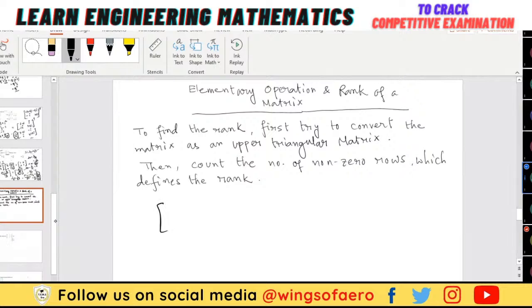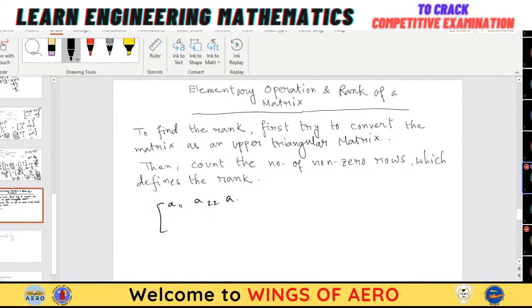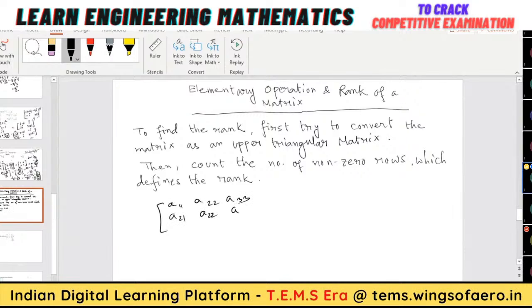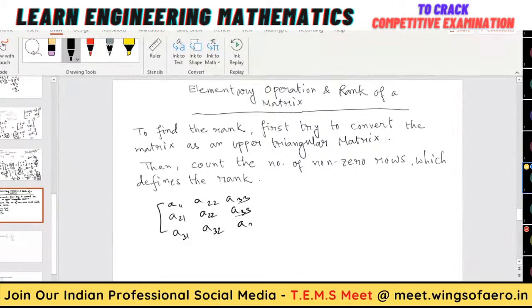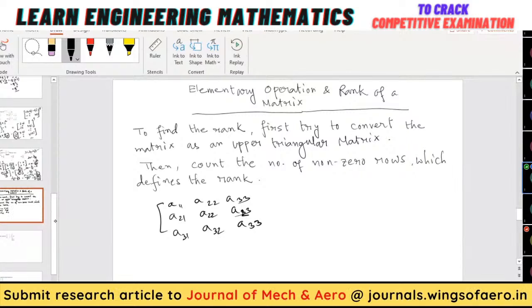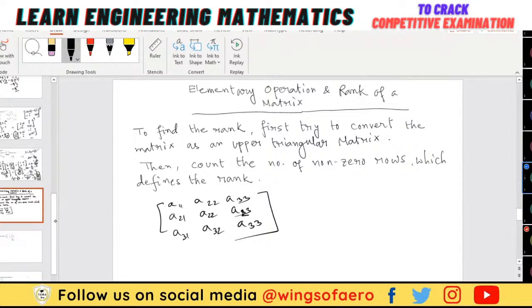Suppose a matrix is given as 2, 1, 2, 2, 3, 3, 3. Now, what is a row operation?